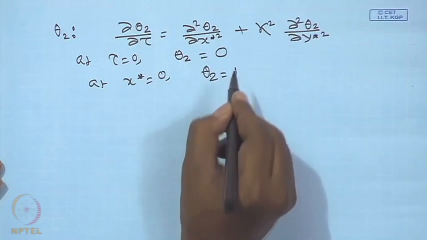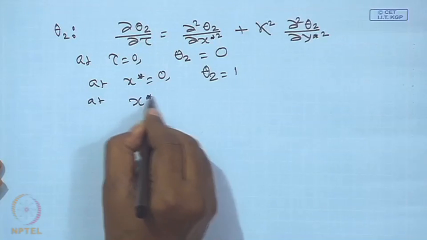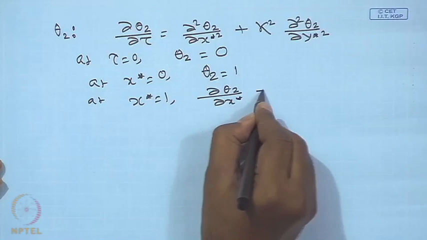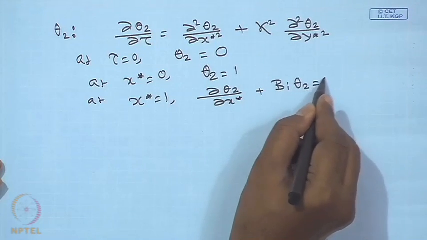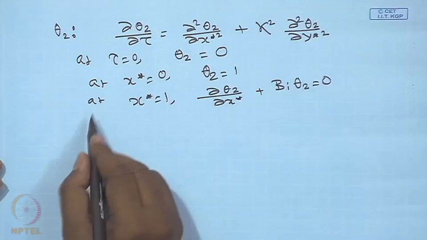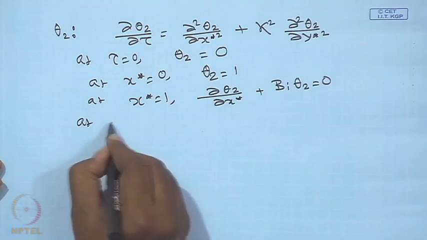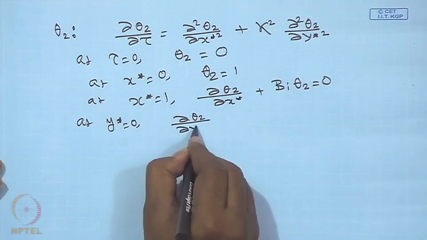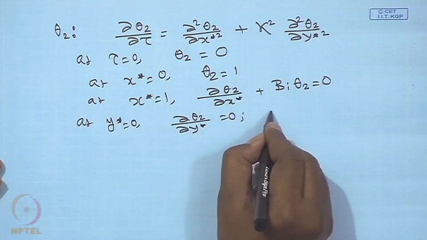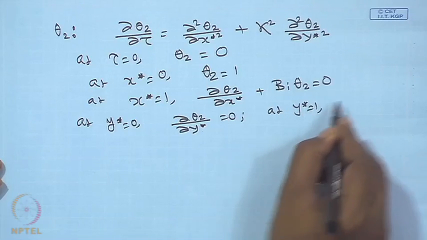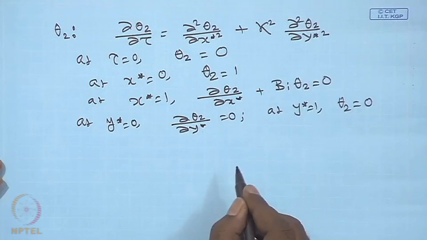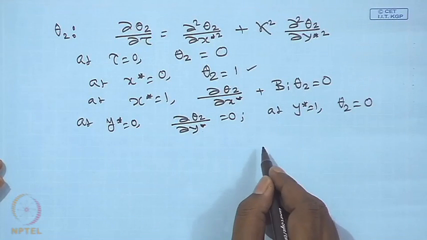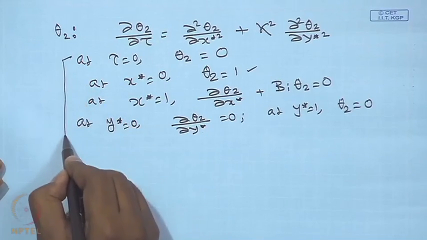So, theta 2 is equal to 1 and at x star is equal to 1, we have del theta 2 del x star plus Biot times theta 2 is equal to 0. So, it is already homogeneous, and at y star is equal to 0, del theta 2 del y star is equal to 0, and at y star is equal to 1, theta 2 is equal to 0. So, we keep this non-homogeneity intact, forcing all the other non-homogeneities to vanish, but this is an ill posed problem.